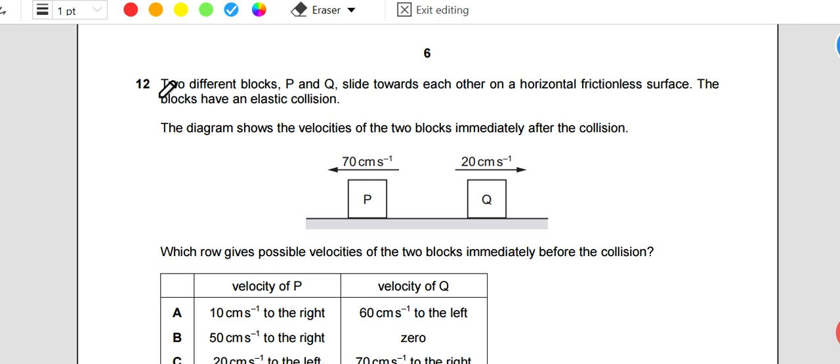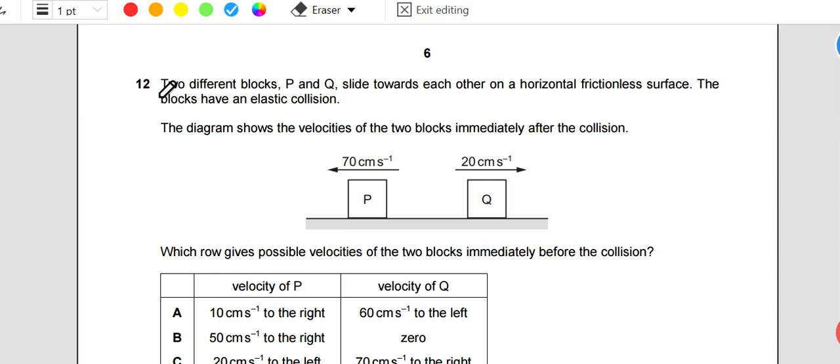Two different blocks, B and Q, slide together on a horizontal frictionless surface. The blocks have an elastic collision. The diagram shows the velocities of the two blocks immediately after collision.